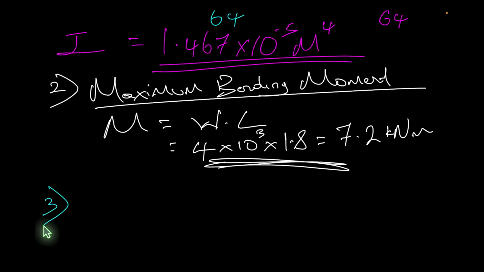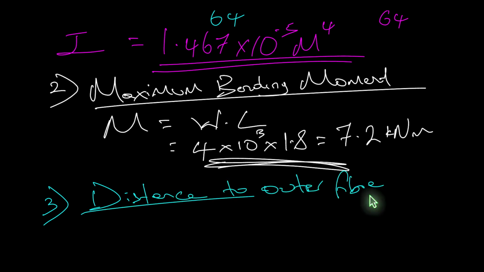So our next calculation is just going to be the distance to the outer fiber of the tube. That is the y, representing the y in the formula, and the y itself represents the distance from the neutral axis.